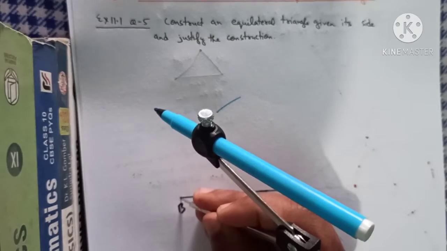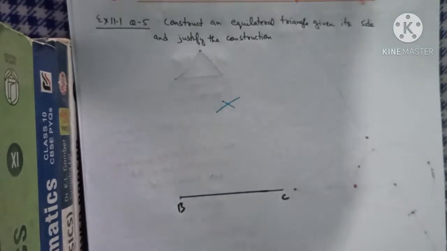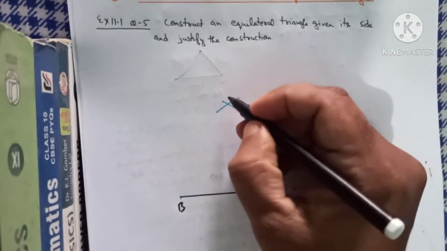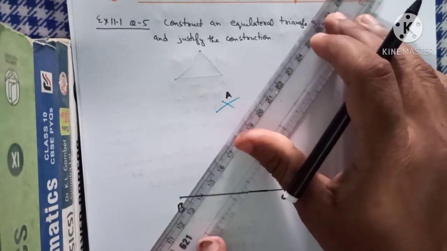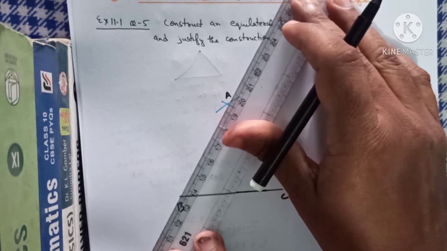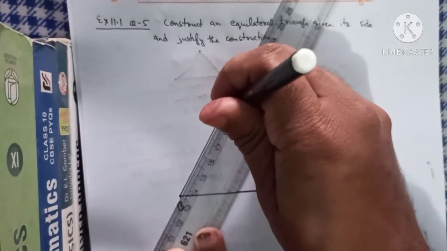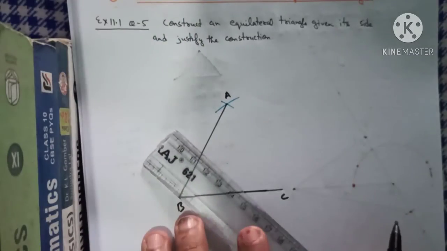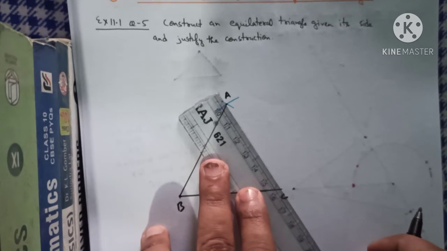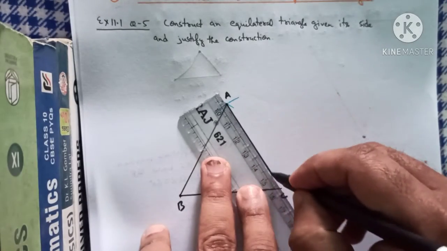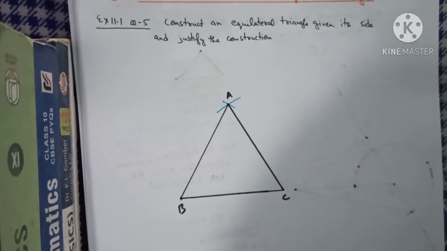With B as center and the same radius, draw another arc intersecting the previous arc at a point, and we will name this point as A. We'll join A to B and A to C. This ABC is the required equilateral triangle.